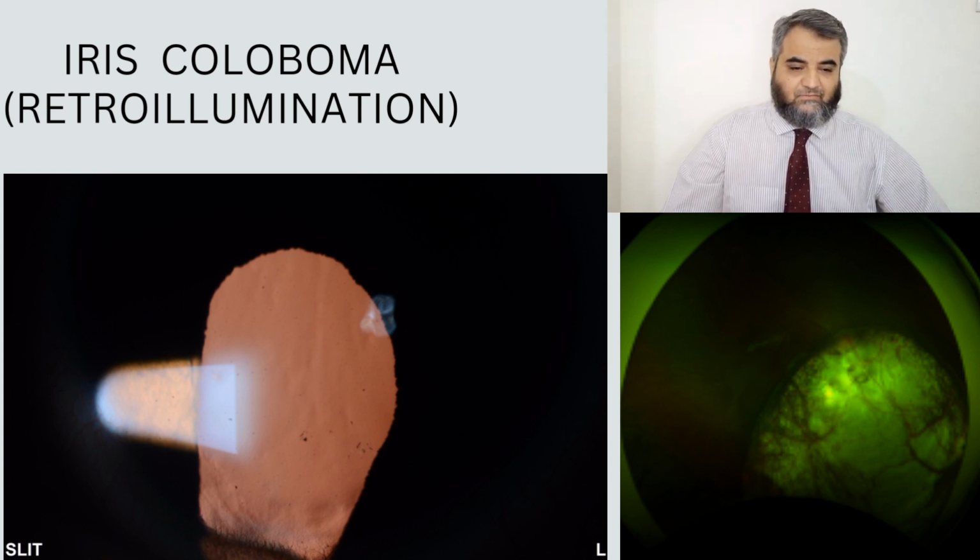The other slide, which is a fundus photograph, is showing us the chorioretinal coloboma. That is, the missing tissue is not only in the iris, but it is also involving the inferior aspect of the retina and the choroid, and it is extending up to the optic disc, optic nerve.